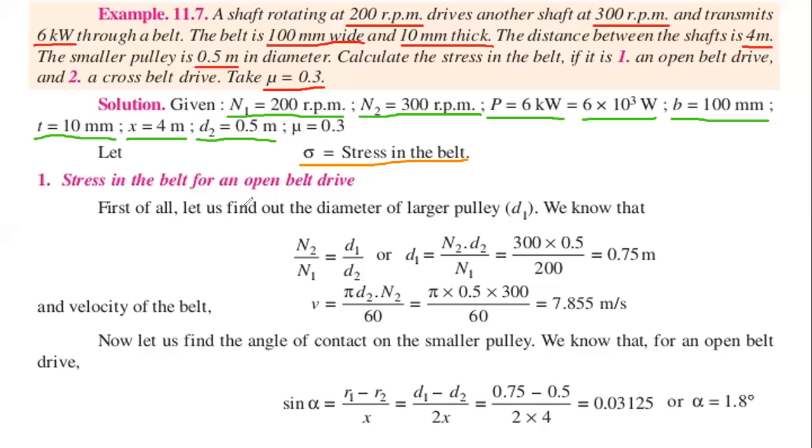So we have to calculate the stress in the belt for an open belt drive. First of all, let us find out the diameter of the larger pulley, that is D1. So we have to calculate the diameter of the larger pulley.